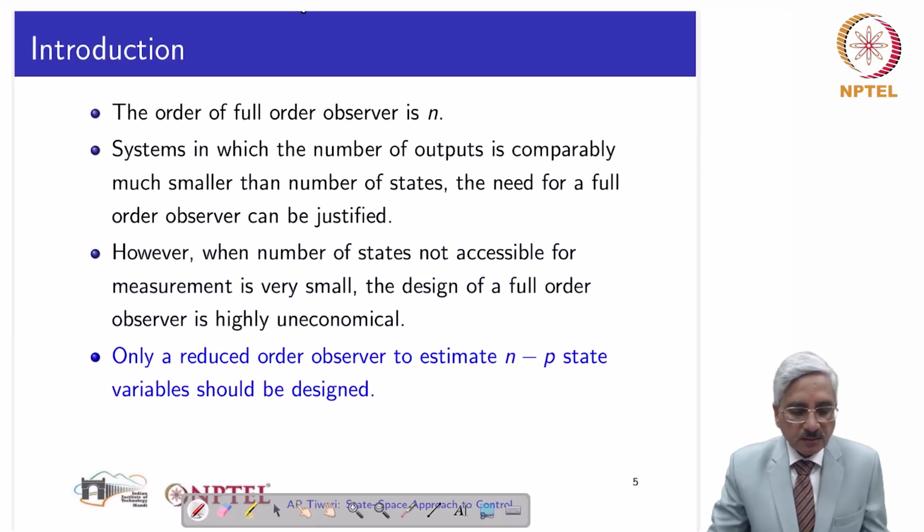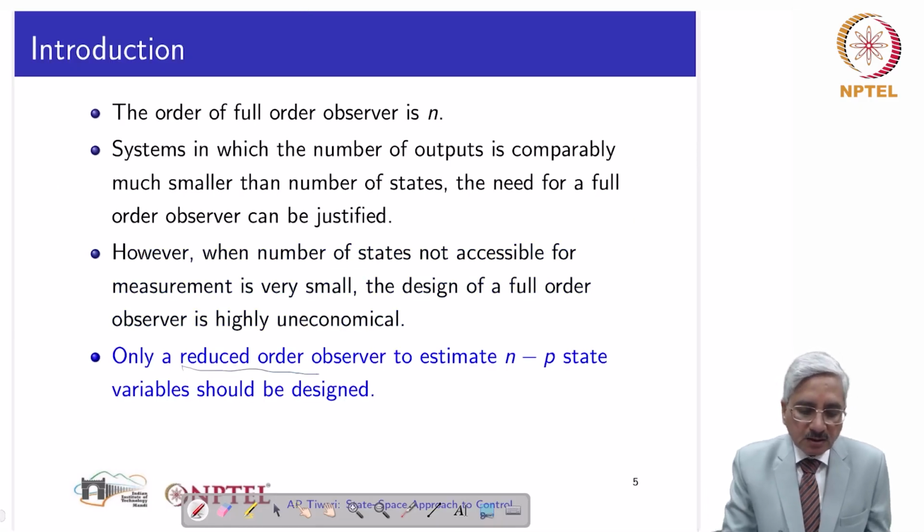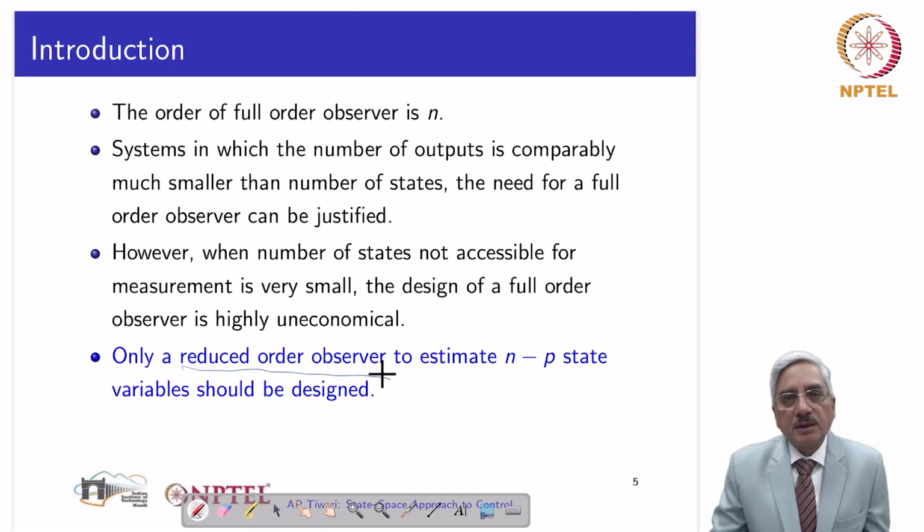In such a situation, we go for what is called a reduced order observer, and it is designed only to estimate those n minus p state variables which are not accessible.